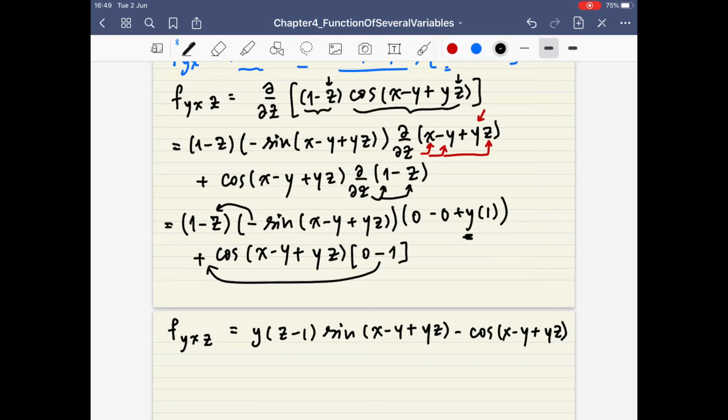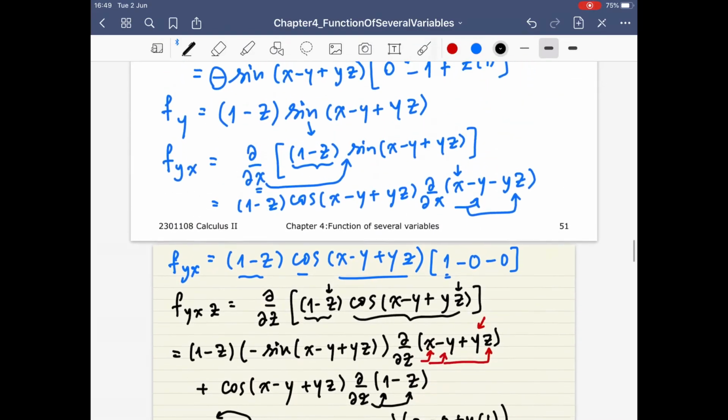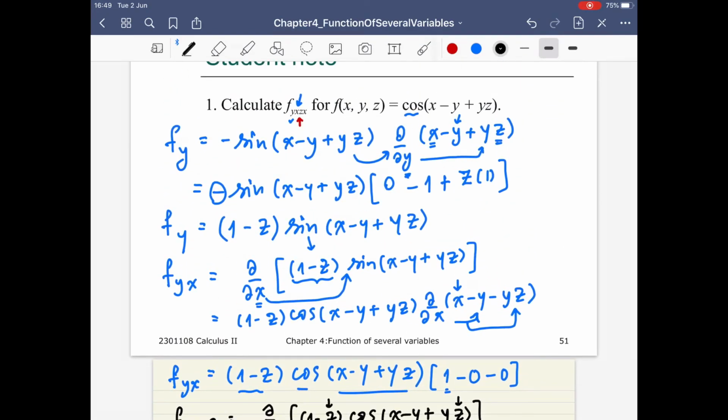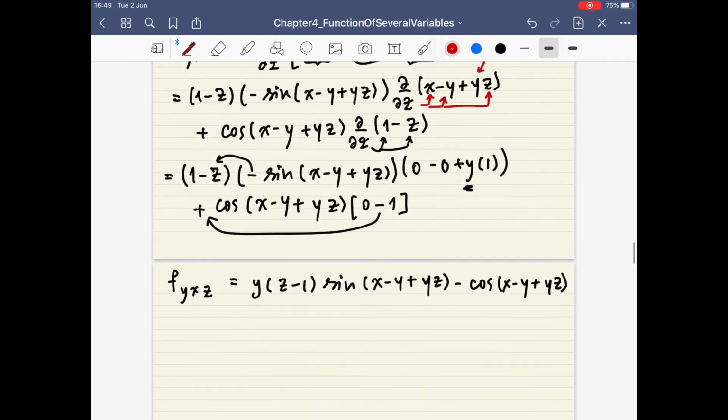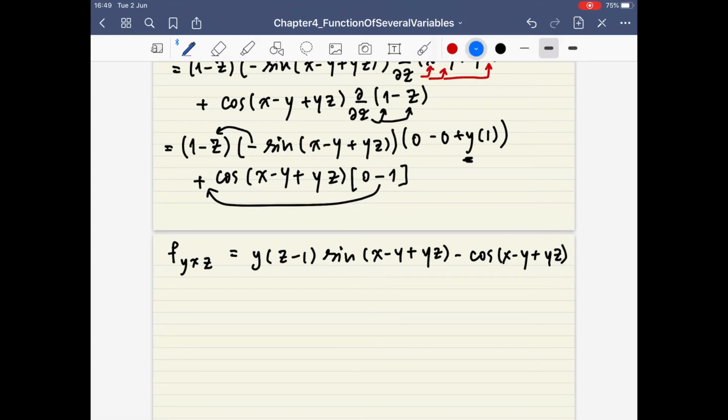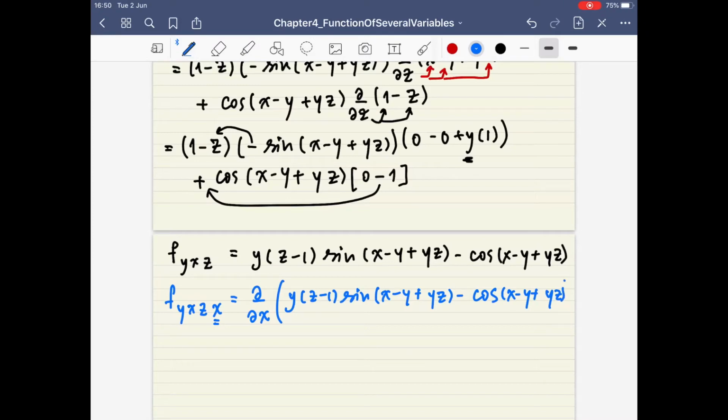Okay, but we still need to do the last fourth order here further with respect to x. So now you have f sub y x z already, so you do further one with respect to x. So it is a derivative with respect to x of this whole function. You just copy down first, y(z minus 1) sine of x minus y plus yz minus cosine of x minus y plus yz.